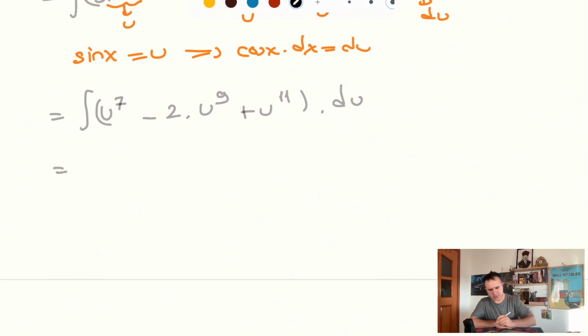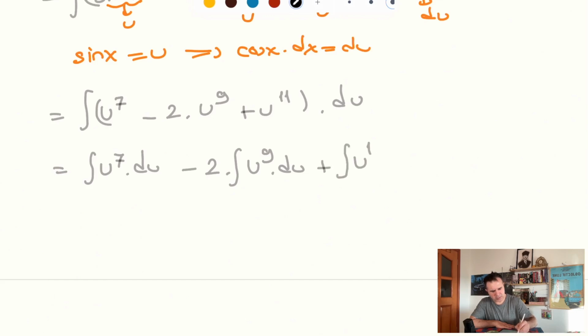And I'll break down the integral into 3 different parts: the integral of u to the 7 du, minus 2 times the integral of u to the 9 du, plus the integral of u to the 11 du.